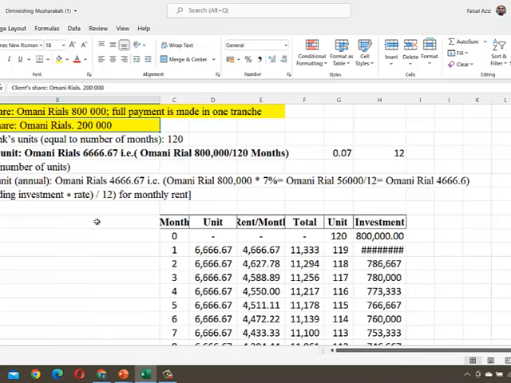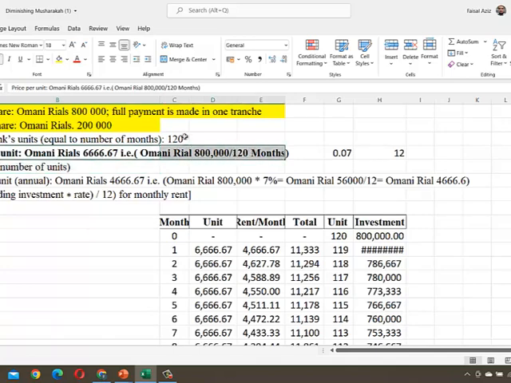So every month, when the customer pays the installment, the customer would buy one unit from the bank, so that the customer's ownership in the property will increase and the bank's ownership in the property will decrease. So here you can see that the price per unit is calculated by simply dividing the bank share by the total number of months.